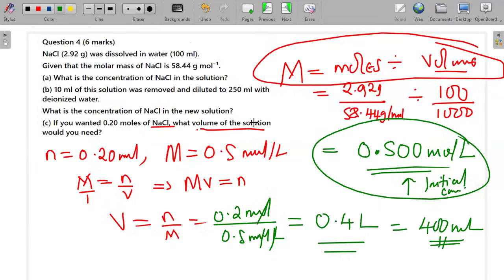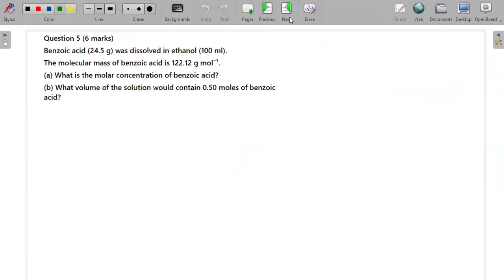Okay, so if there are no questions, let's look at question 5. It's a similar thing to what we have just been doing. They're saying benzoic acid, which has this mass, was dissolved in ethanol with this volume. The molar mass of benzoic acid is given there. What is the molar concentration of this?